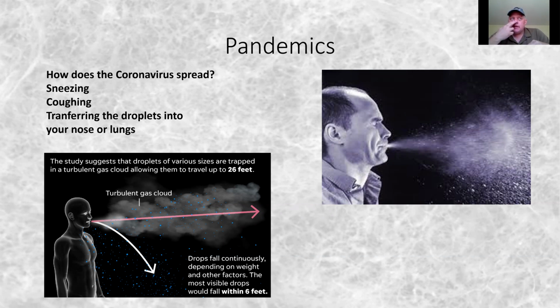The mucus in the nose is actually there for a particular purpose. It serves as a filter. So when you breathe in dust or other small particles that are in the air, pollution is another thing a lot of people breathe in, smog, smoke, things like that.